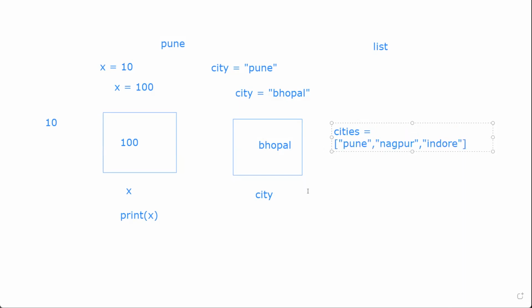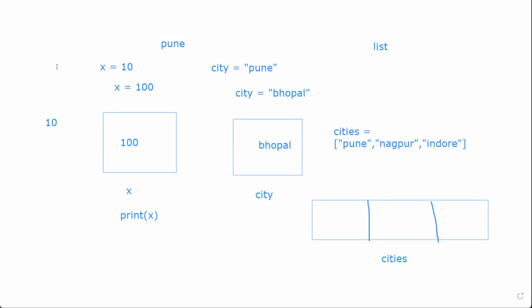So what is happening here behind the scenes? One box is getting created. The address of the box is cities, and the values will be stored by index. Let's say, for example, here will be one block, here will be one block.